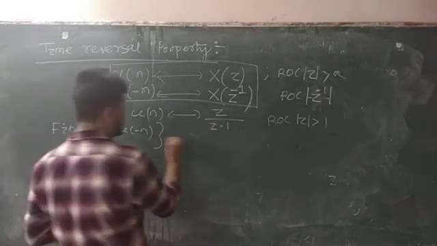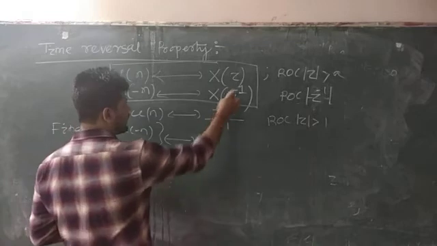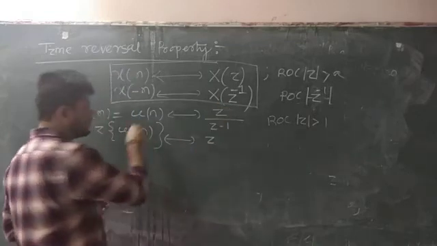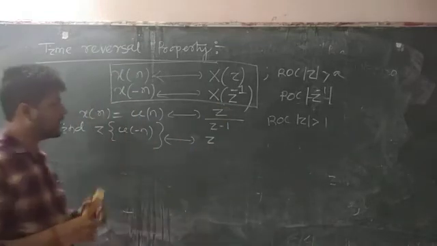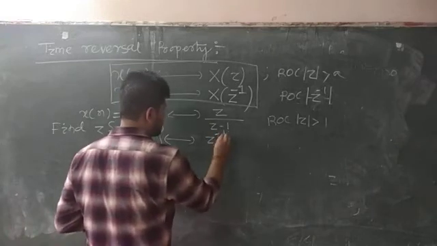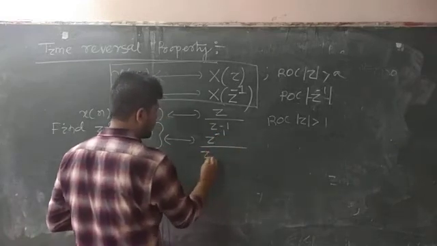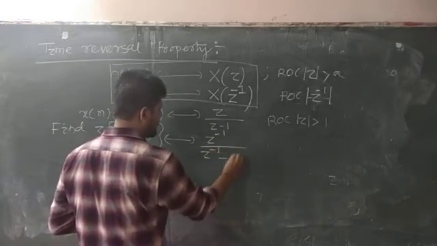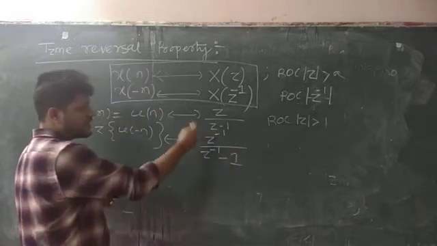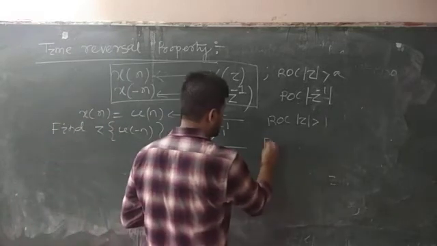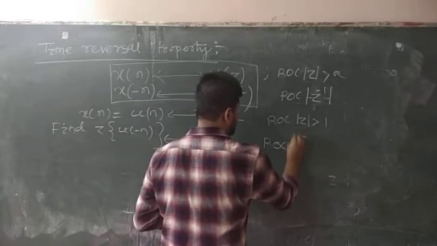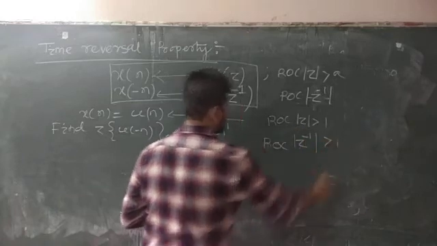So then how to replace? Just replace Z with Z inverse, because you already know for the time reversal case, replace Z with Z inverse. So Z inverse divided by Z inverse minus 1, and this region of convergence is also mod Z inverse greater than 1.